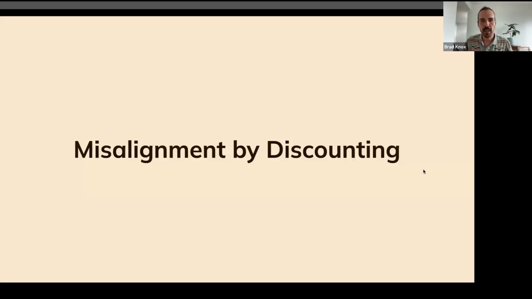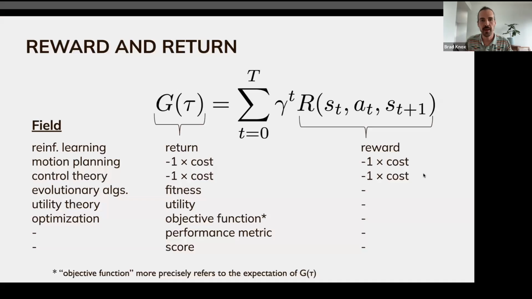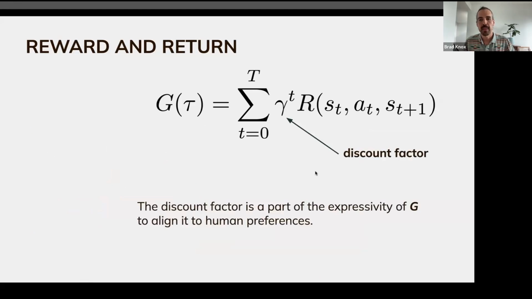Okay, another one is misalignment by discounting. I think for time, I'll just talk about half of this. So bringing back in discounting, exponential discounting is not the only way to do it, but that's what I'll focus on here. The main thing I think that's most important when creating an aligned RL objective is to consider the discount factor as a part of the expressivity of G. Basically, G is the way of assigning return to a trajectory.